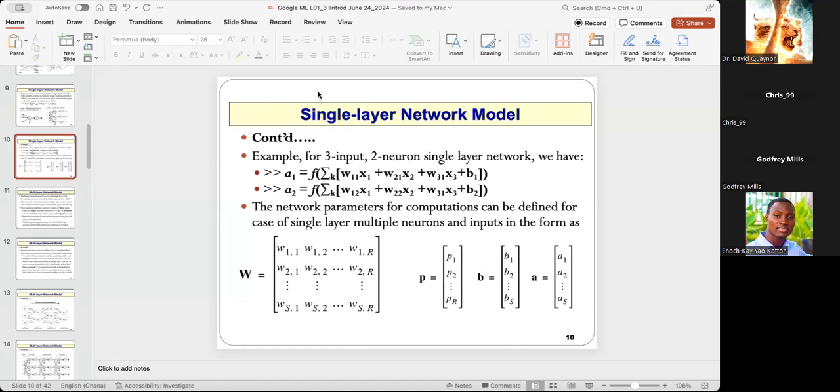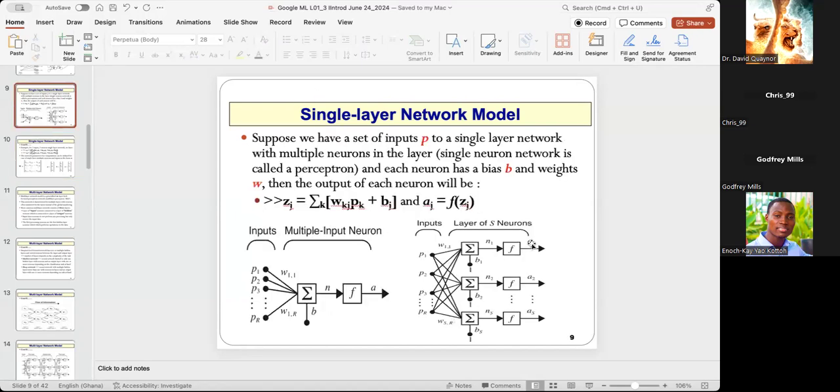Each summation plus transformation function is one neuron's operation. So if you have 100 neurons on this line, each of them will perform it. You can imagine we have about 10 inputs and 100 neurons on this line. You can see how messy the network connection will be, and then each of them will be computing this.